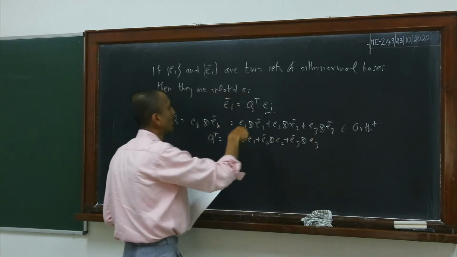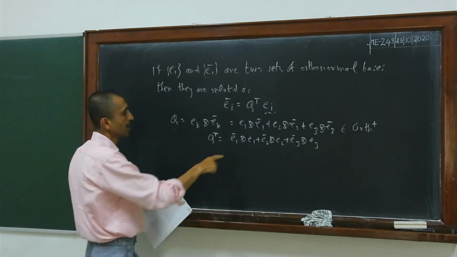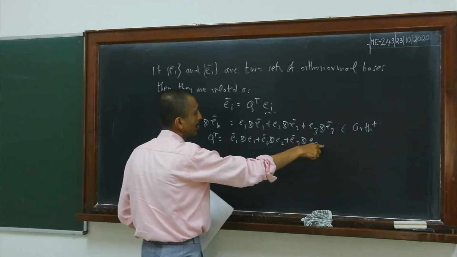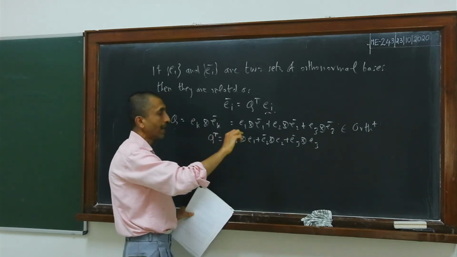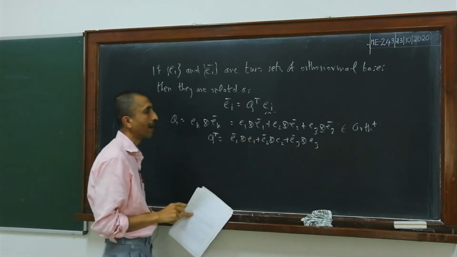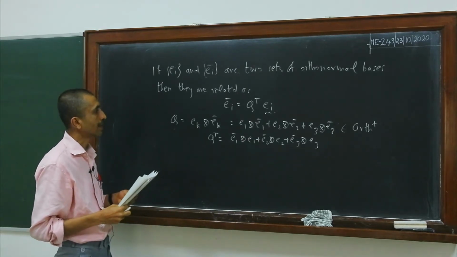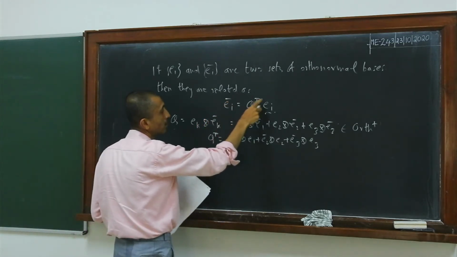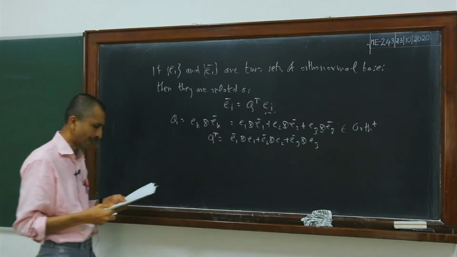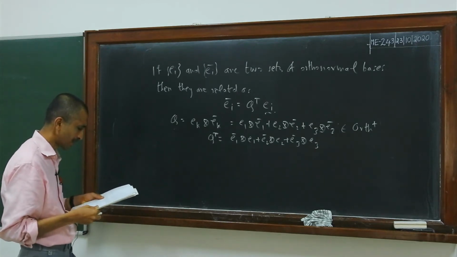And then if you multiply it, Q transpose times Ei will give you Ei bar. So if you multiply this by E1, you will get E1 bar. If you multiply this by E2, you will get E2 bar, and if you multiply this by E3, you will get E3 bar. So that shows that this Ei bar can be obtained as Q transpose times Ei, where Q is a proper orthogonal tensor here, or a rotation.